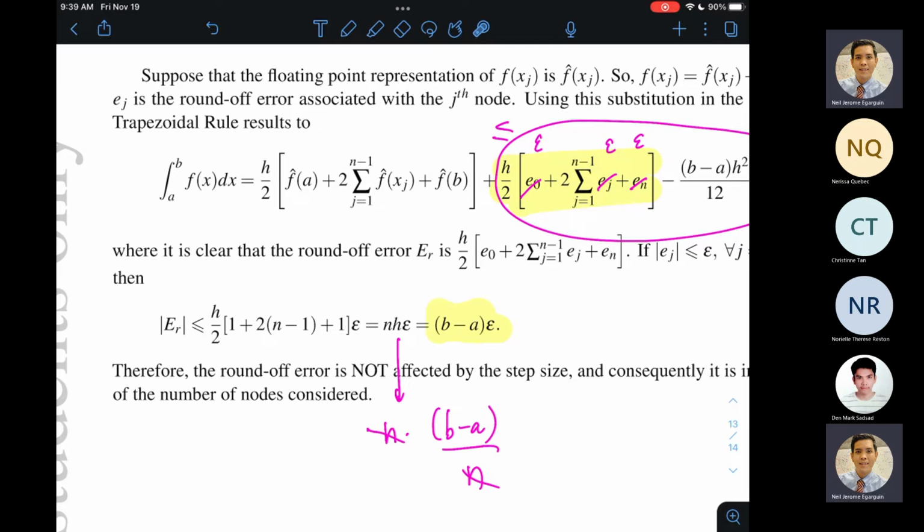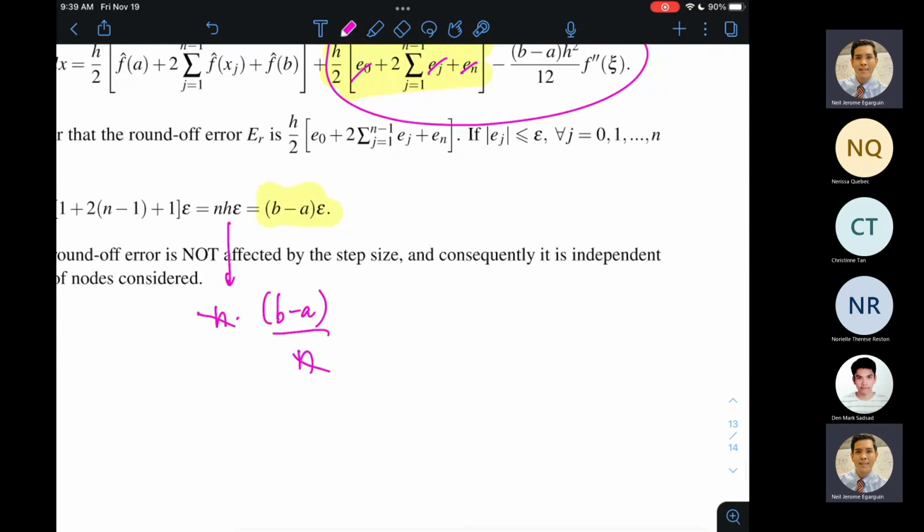Kahit sobrang liit na ni h, hindi siya nakaka-apekto adversely doon sa total error. Kasi yung error due to the machine epsilon ay nakadepende sa haba ng interval na originally kinonsider natin times the machine precision epsilon. So we don't need to worry about the same fate na dinanas ng numerical differentiation formula.